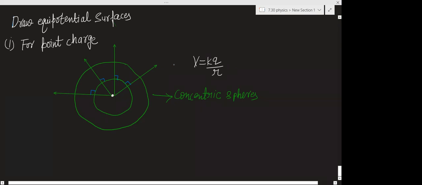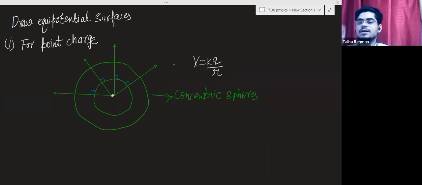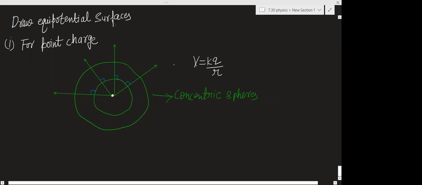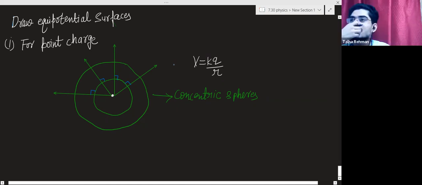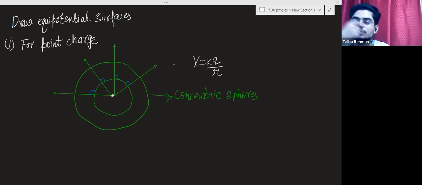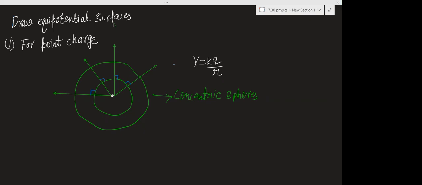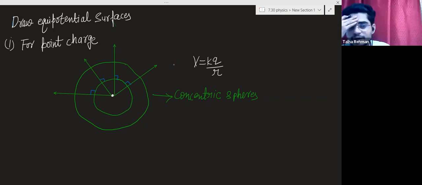Yeah, it's correct. Suppose I am giving you a conducting sphere, and the charge on the surface of that conducting sphere is Q. Now you have to find out the electric field inside that conductor.